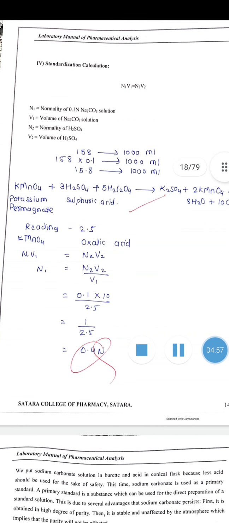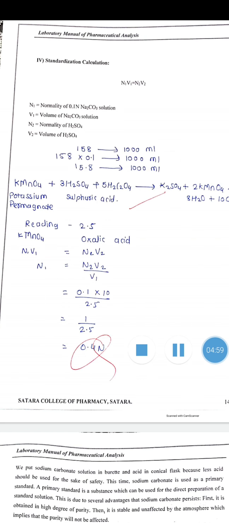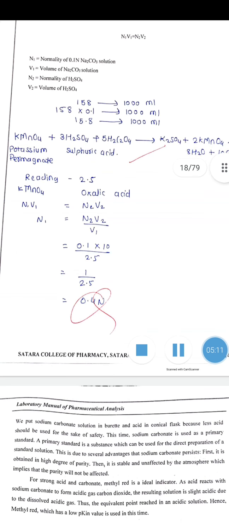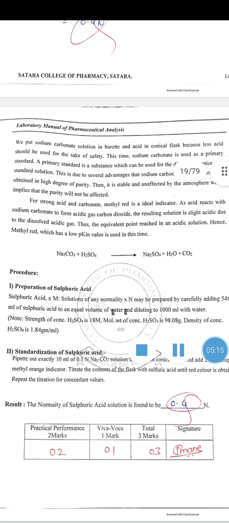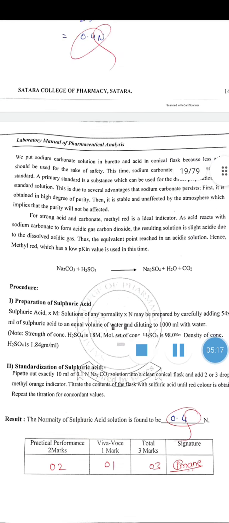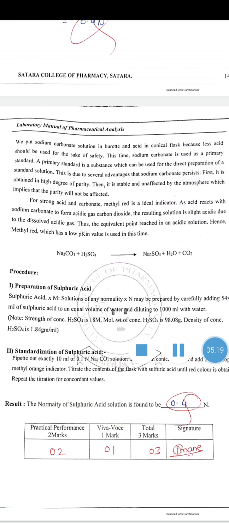Then put these values N1, V1, N2, V2 into this formula and we calculate N2. N2 is equal to N1 into V1 upon V2. And after this calculation, the normality of the sulfuric acid solution is found.